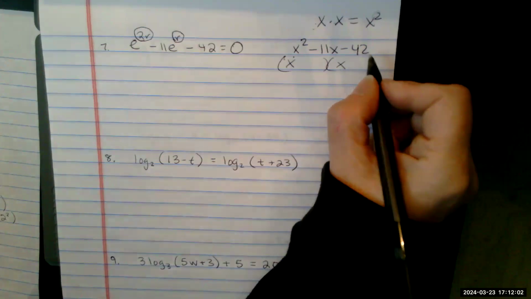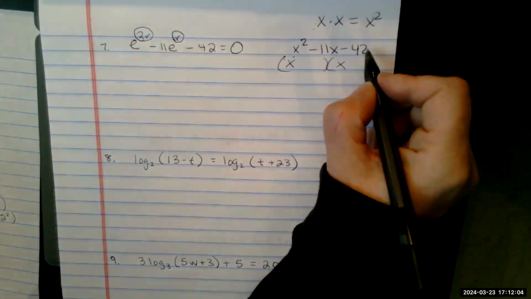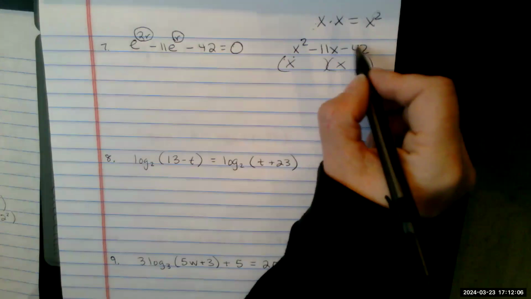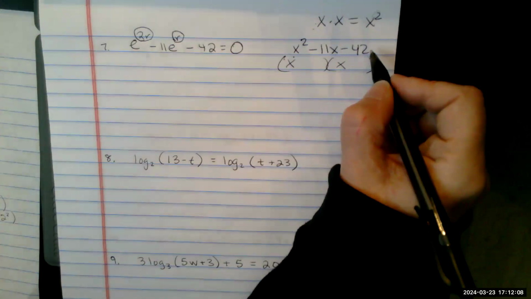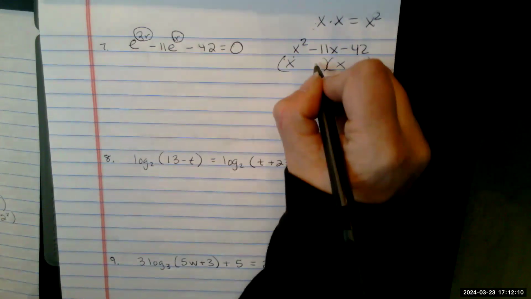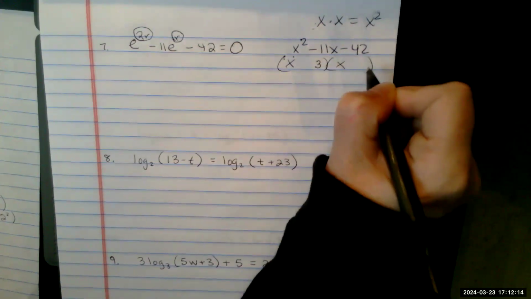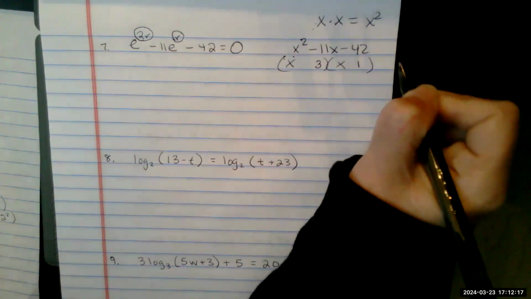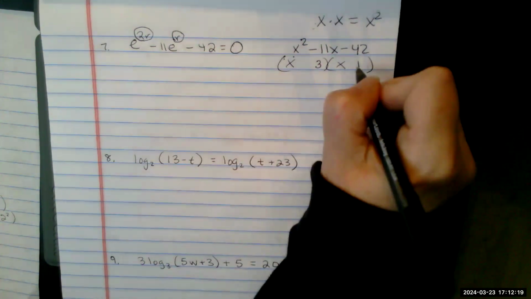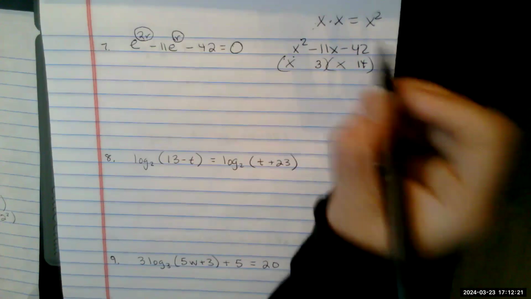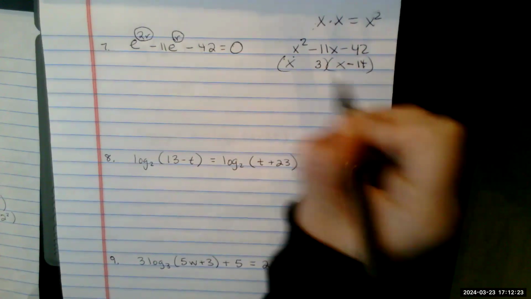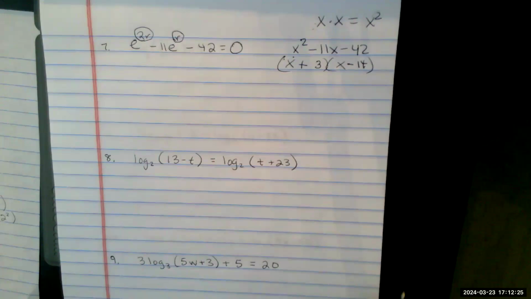So for negative 42, I need two numbers that add up to negative 11 that multiply to negative 42. I think 3 and 14 work. So we would want a negative 14 and a positive 3.